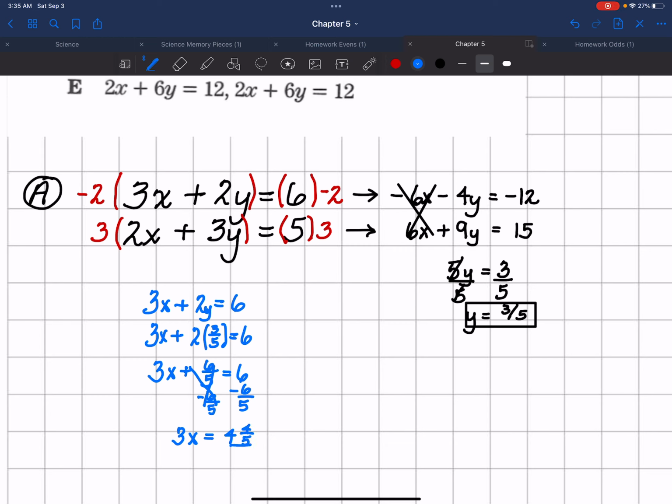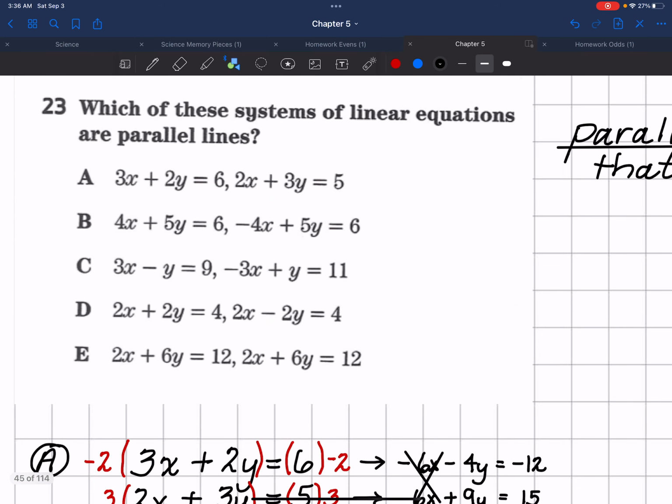And then divide both sides by 3. And you're going to get 1 3/5. So this one has a solution. It was a nightmare to find it, but it does. Let me go back up here and put it down there.